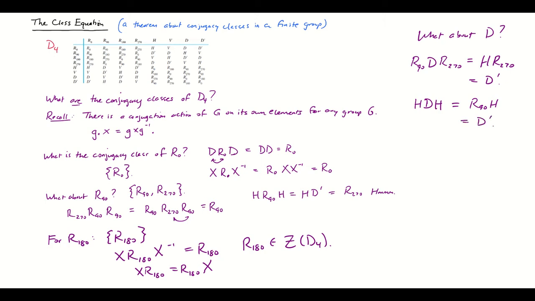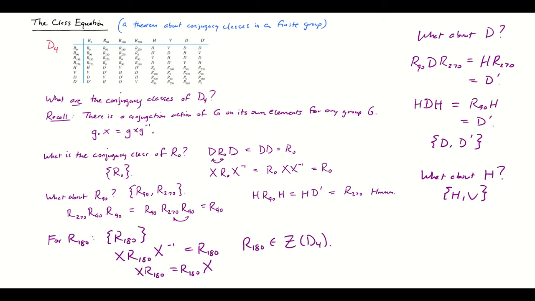So it looks like I can get two things as conjugates of D, D and D prime. So that conjugacy class will be D and D prime. And I'm going to leave it as an exercise for you to show that the conjugacy class for H is H and V. You can get both H and V in the same conjugacy class, but no others.